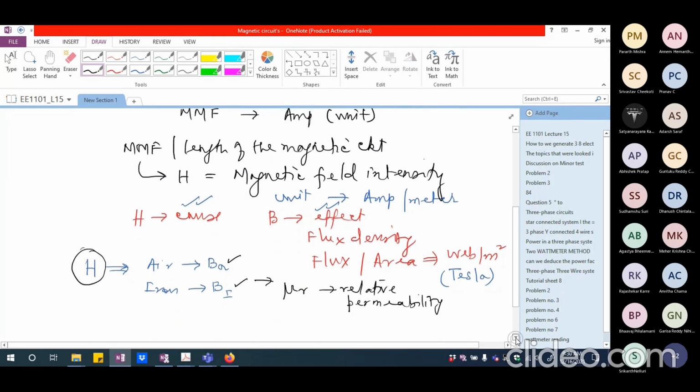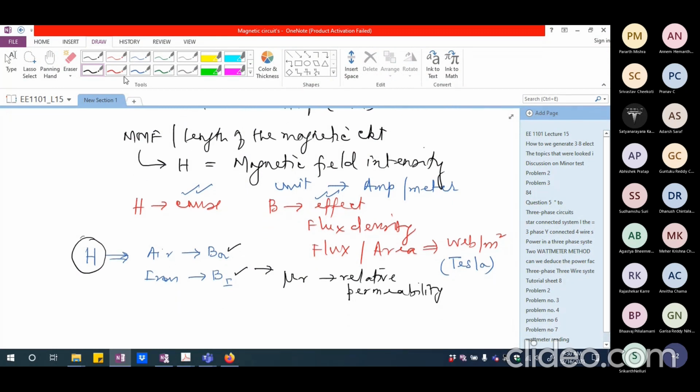We derived in yesterday's class the value of permeability of free space from the definition of ampere.